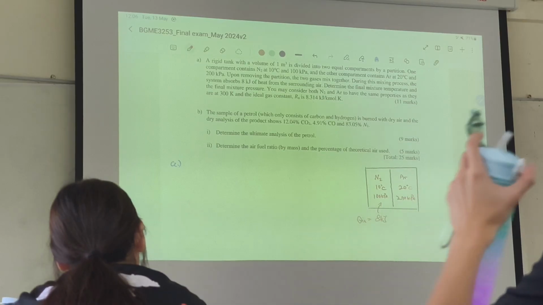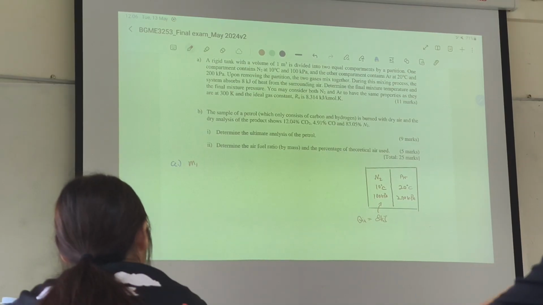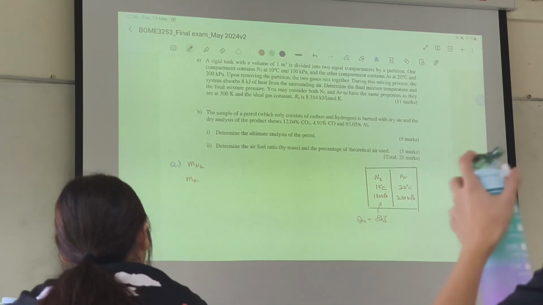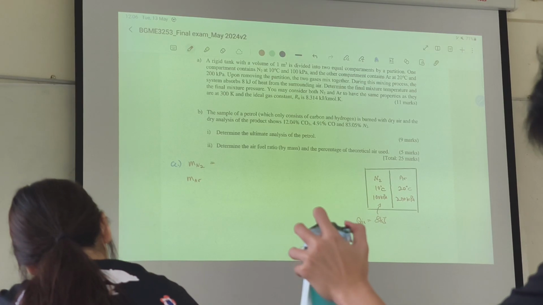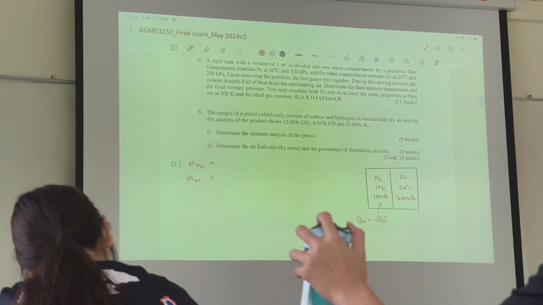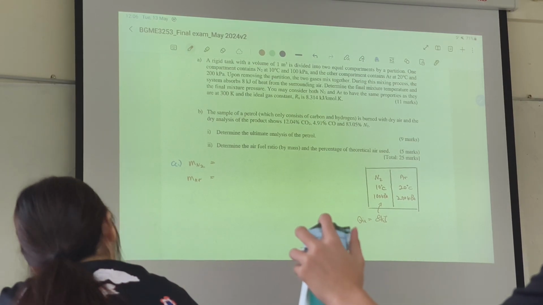Okay, so we find mass first. We can find the mass of N2 and Ar first, based on their respective PV equals to mRT.